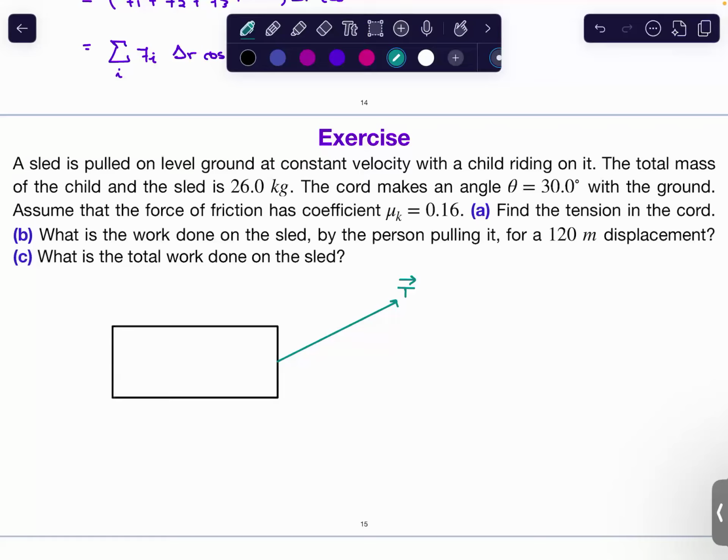The force pulling it is causing the tension in that string or that cord. Force.